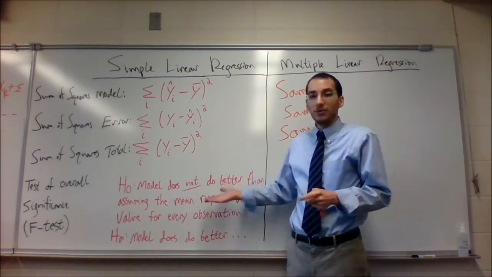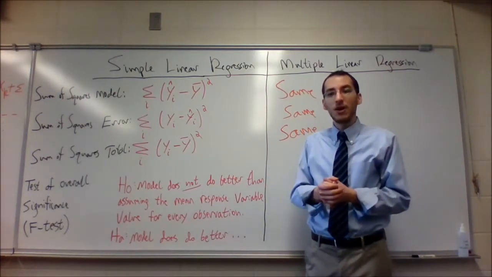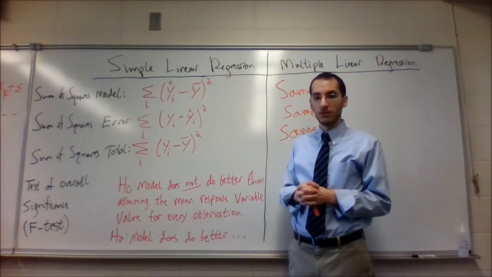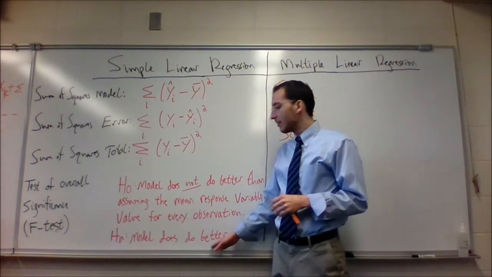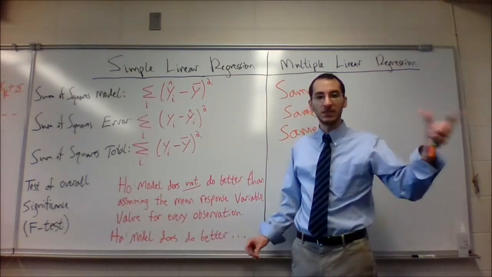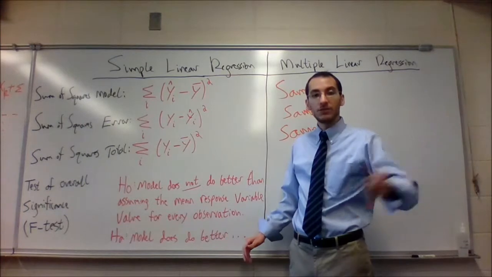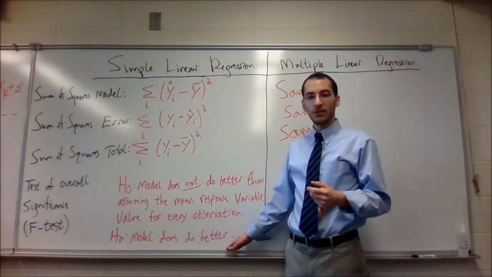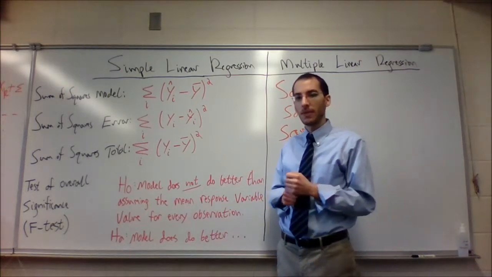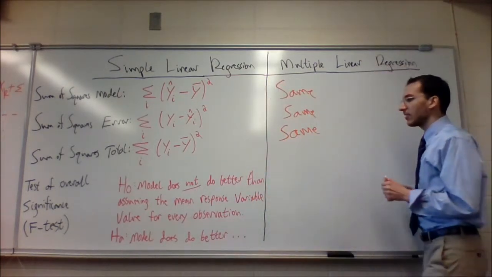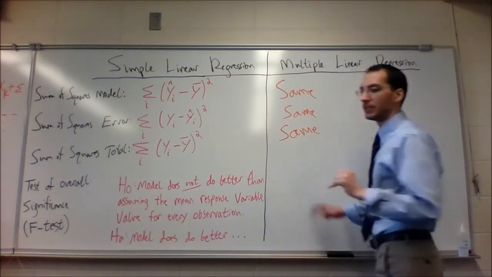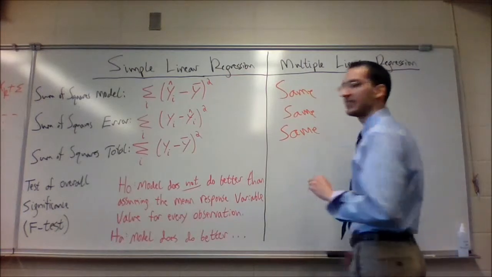It's saying my model does not significantly predict my outcome better than just saying everything is the mean. The alternative hypothesis is that my model does do better at significantly predicting outcomes, predicted values, than just assuming the mean for every single observation. So the exact same thing is true in multiple linear regression. The wording is the exact same.